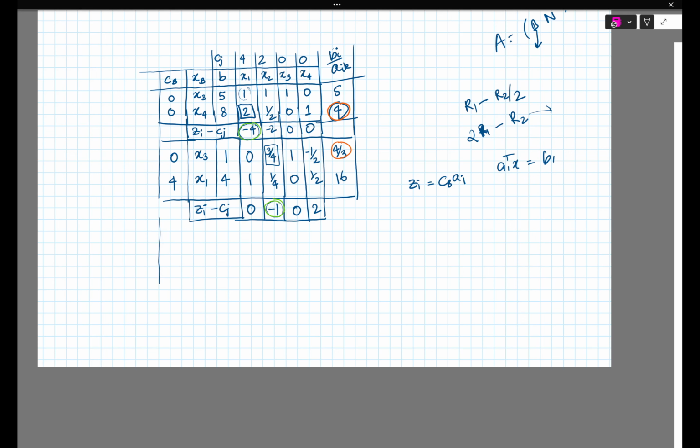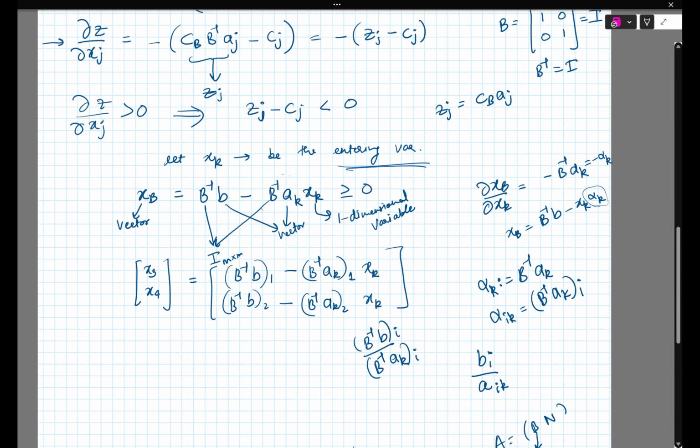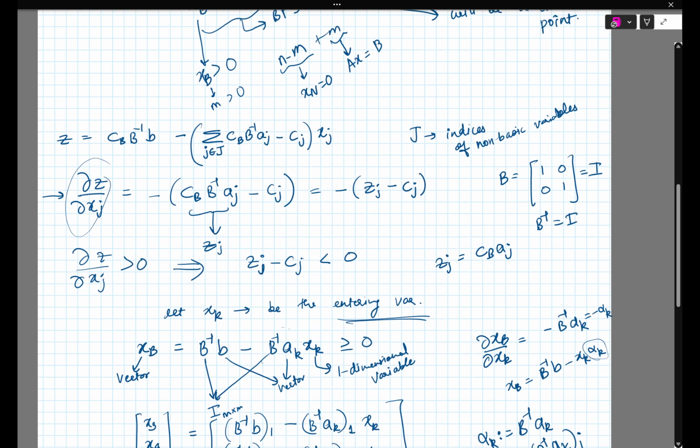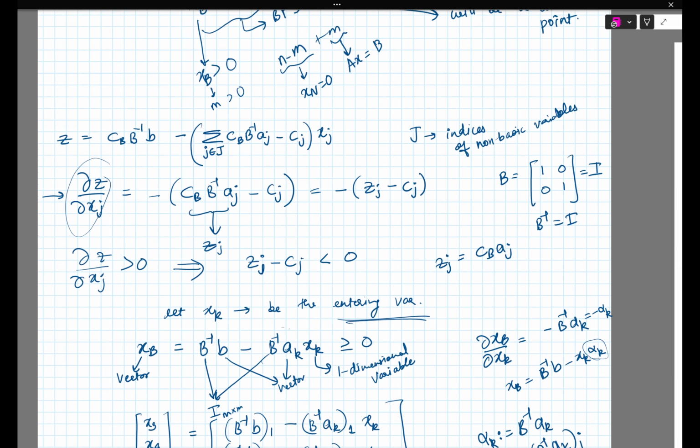So we end when z j minus c j is greater than or equal to 0 for all j. Okay, the reason, as we discussed, is that this gives me, by changing the non-basic variable, how much I'll gain in the objective.